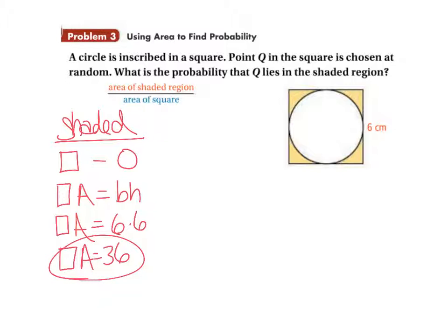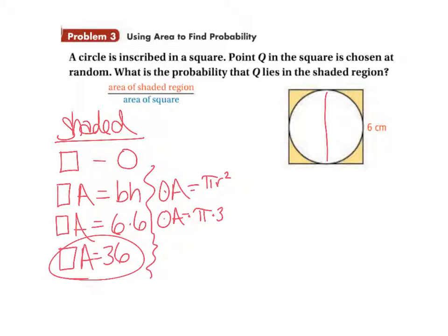Now I want the circle area. That would be pi r squared. So the circle area would equal pi times the radius squared. What do you suppose the radius of your circle is? The diameter of it would be 6, and so the radius is 3.